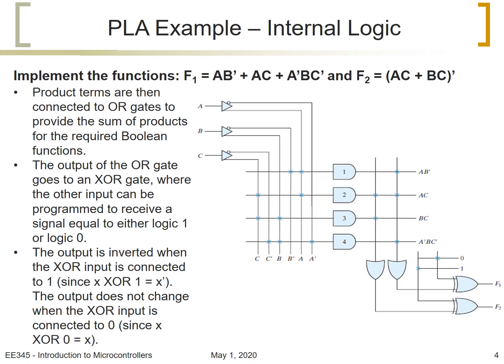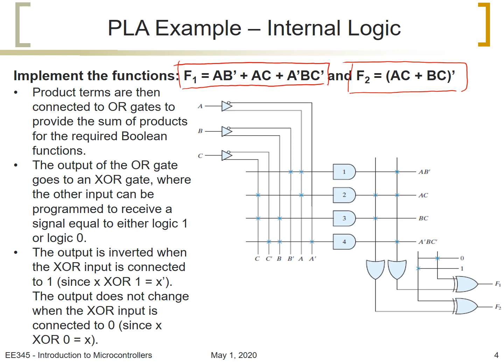So here is an example on the PLA, which we use to implement two functions: F1 equals AB prime plus AC plus A prime BC prime, and F2 equals AC or BC prime. And as we said, each variable is available.